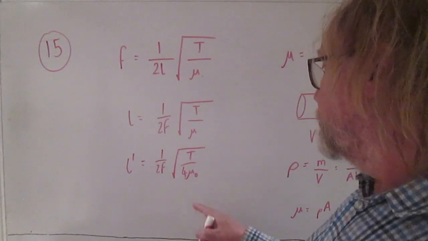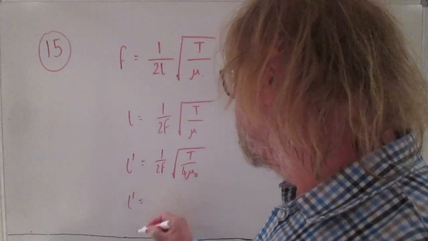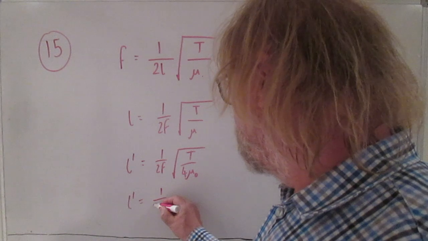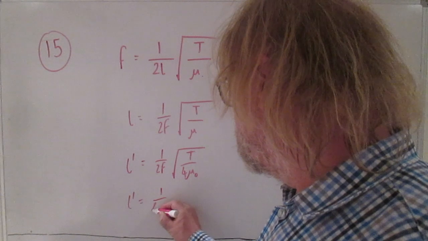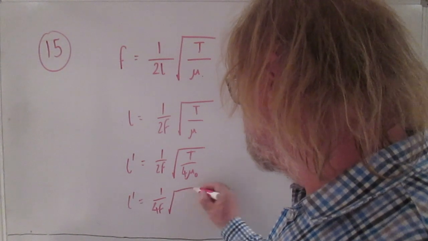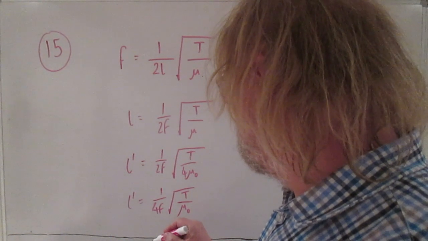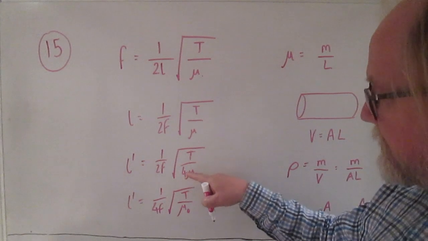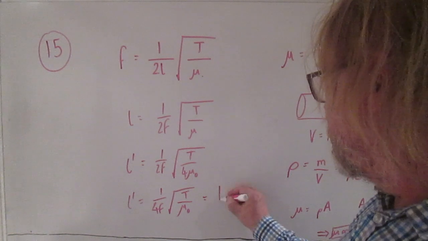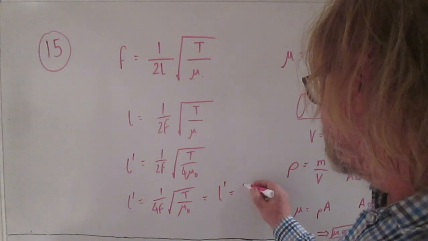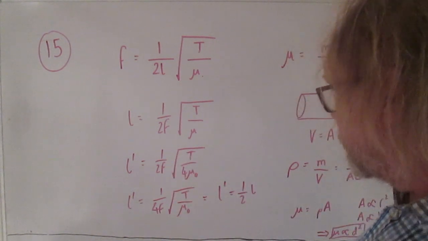And that means that L prime is equal to 1 over 4F times the square root of T over mu naught, because the square root of 4 is 2, and then 2 times 2 is 4, which means that L prime is equal to a half of the original L, because it's 1 over 4F there rather than 1 over 2F.